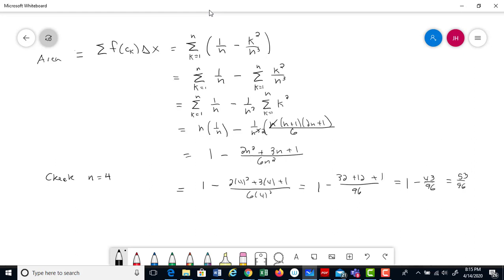Feeling pretty good about that. 2 times 16 plus 3 times 4, that's 12, plus 1 is 45, over 96, which is equal to 0.53125. We did that. Yep.